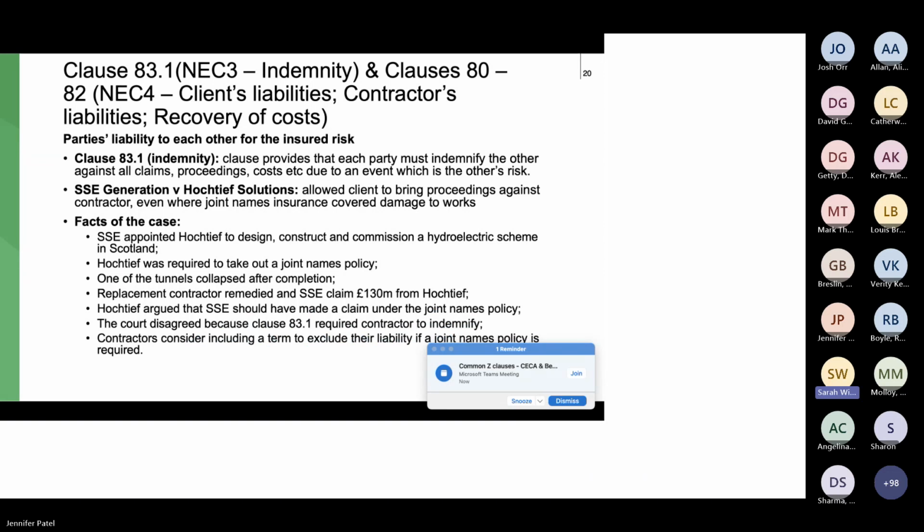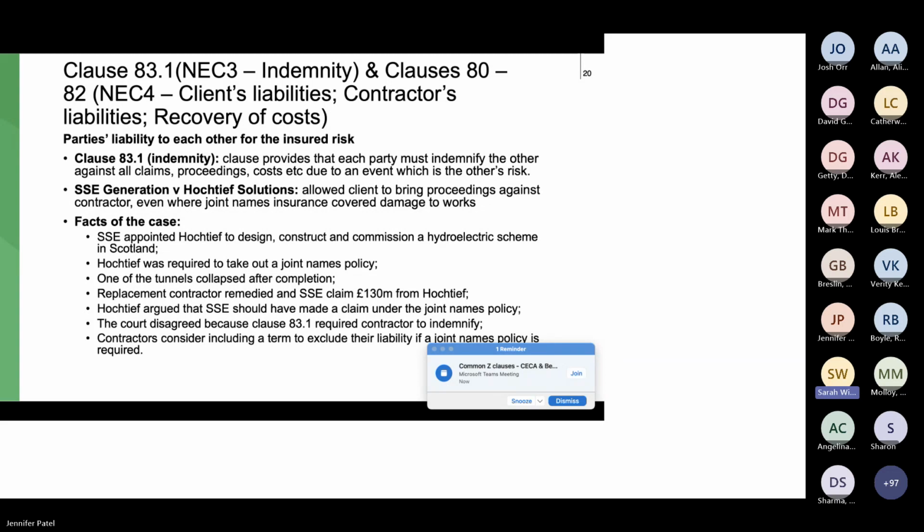Okay, so this one again relates to NEC case law, but this is more a Z clause that the contractor might like to consider. Now, I appreciate it's really difficult for contractors to get specific Z clauses included, but you might find that employers, clients, are amenable to this one.